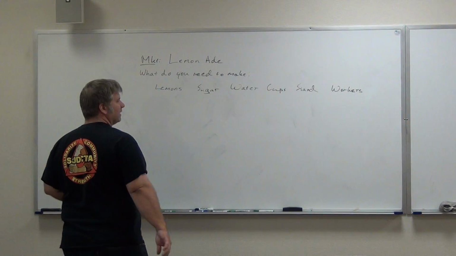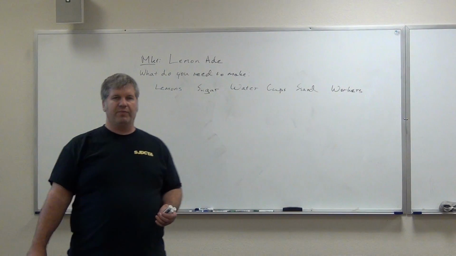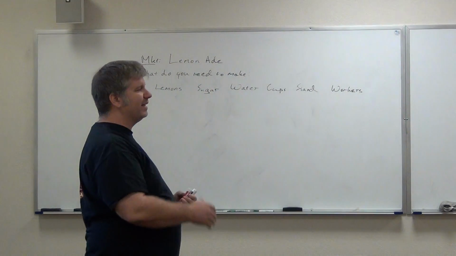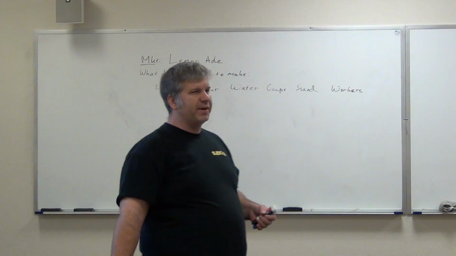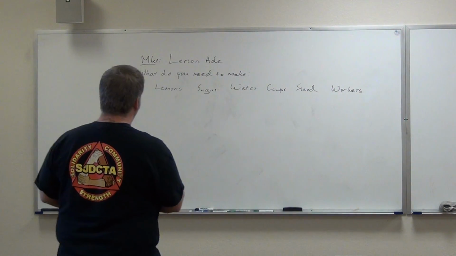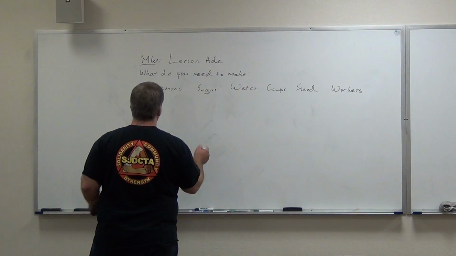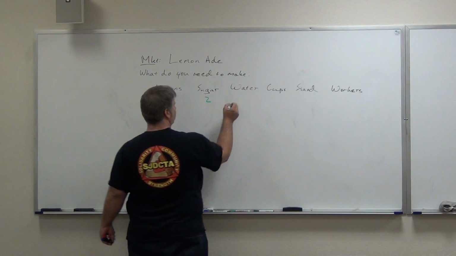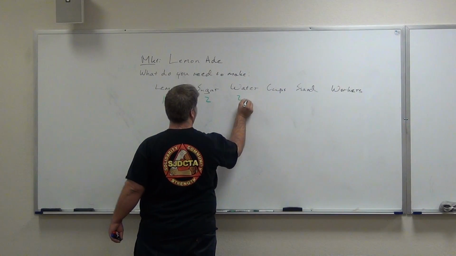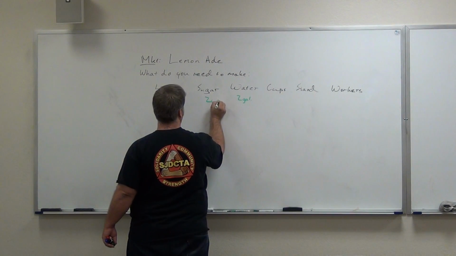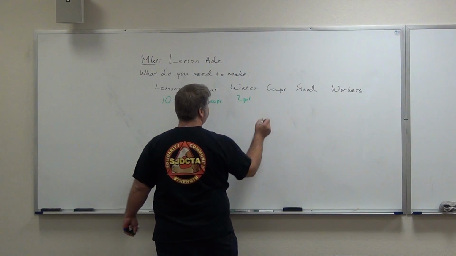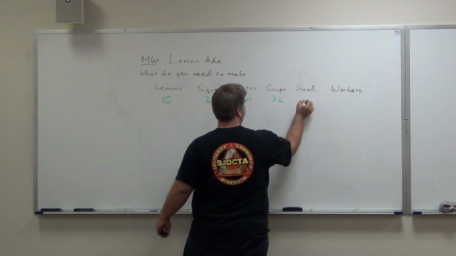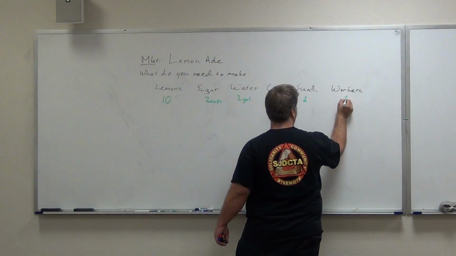So we could take this hypothetical lemonade stand and observe it over a period of time. I'm not going to ask you to do this, but imagine hypothetically that you had a bunch of data from this lemonade stand, such as 10 lemons, 2 cups of sugar, 2 gallons of water would create, I don't know, 32 cups with 1 stand and 1 worker.